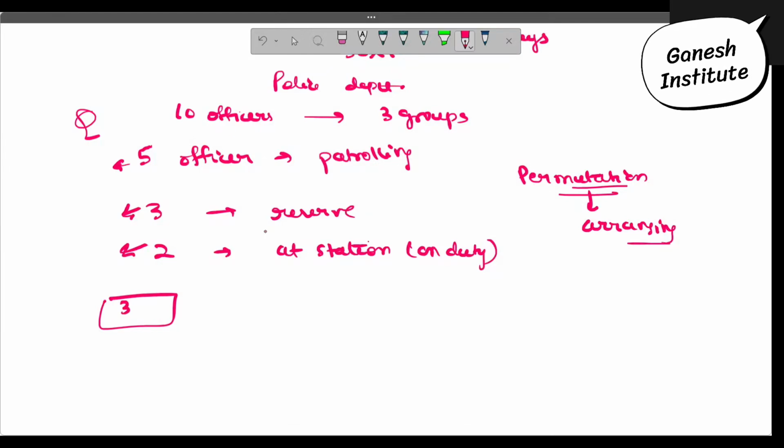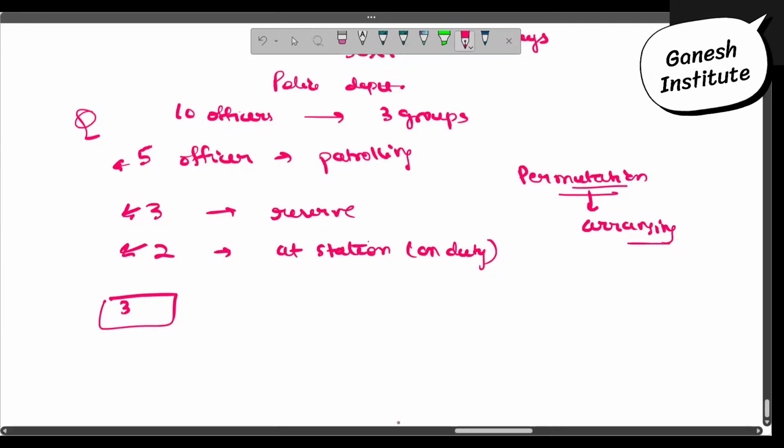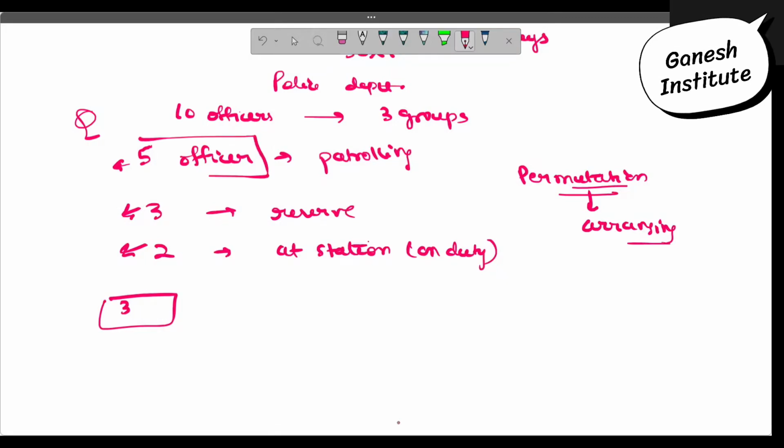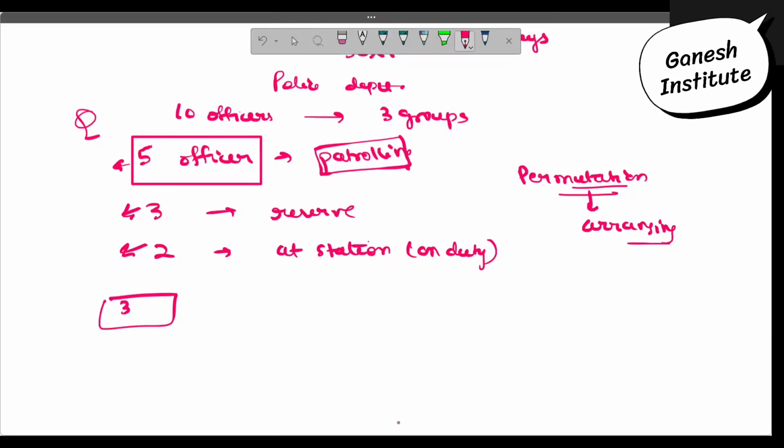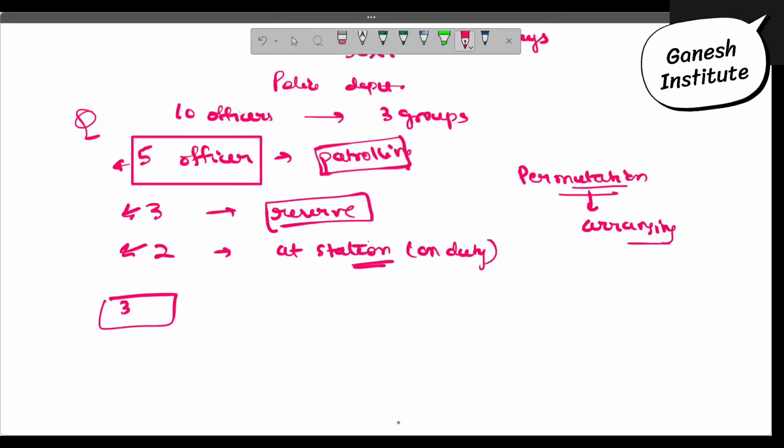Then next time another person can go, and then we have different arrangements. Now we are not arranging them with their name or something. You have to take those patrolling officers, 5, and you have to take for patrolling from those 5 only. Reserve will be from 3, at station will be those 2. So what do you think? This is the case of identical or non-identical?